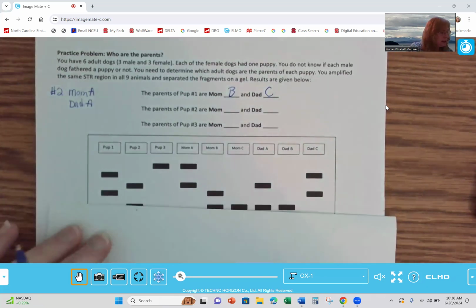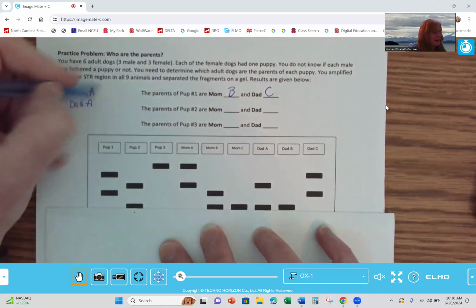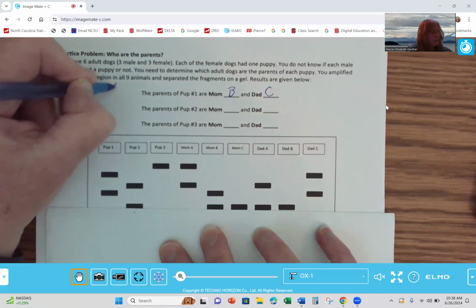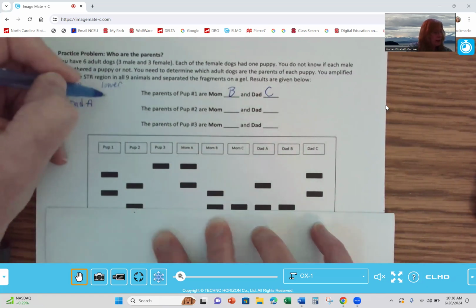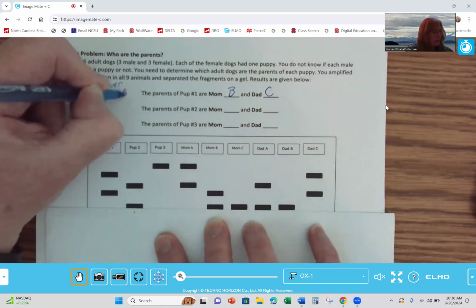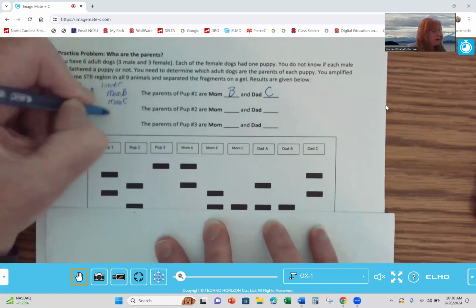And let's see the lower band. Oh, there's a bunch of them. It could be mom B, mom C, dad A, or dad B.